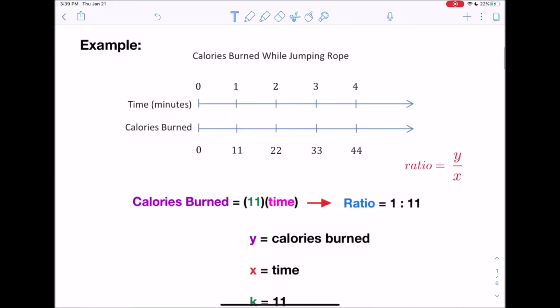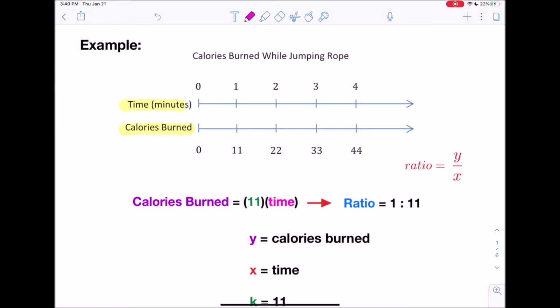Our first example is calories burned while jumping rope. Now we have this table of data, and it has minutes and calories burned. Remember that if it has a unit rate, there should be a constant ratio for all of these numbers.